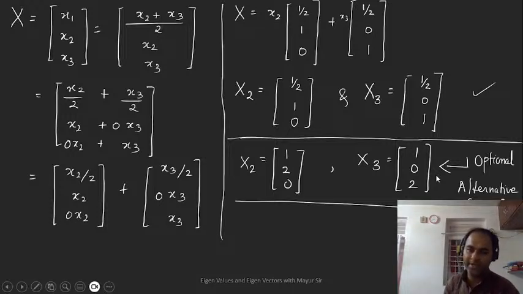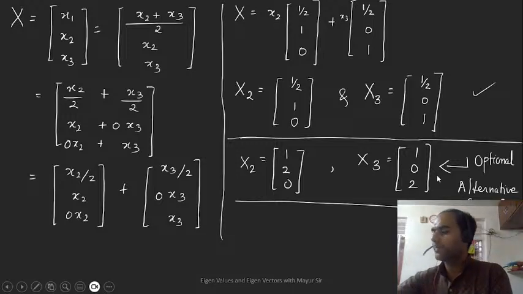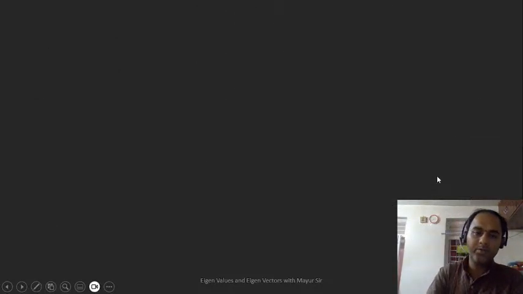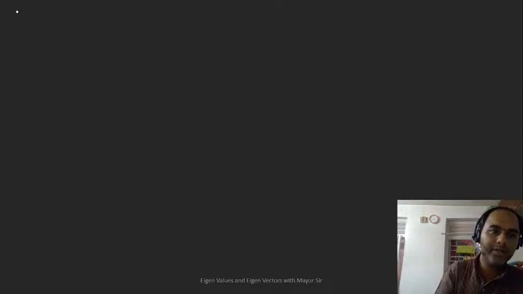If you want to try any question on the repeated case, I'll give you one so that you have a hold on the topic. It's a good question. Try it yourself.